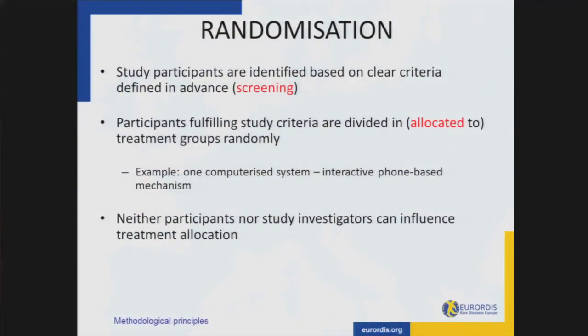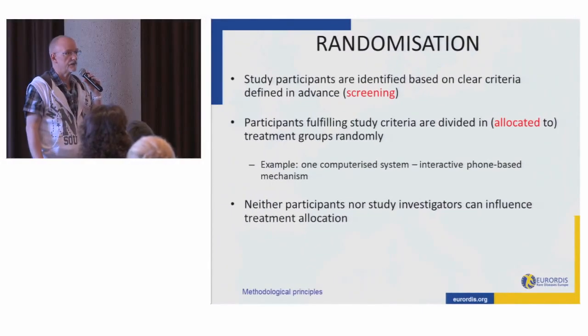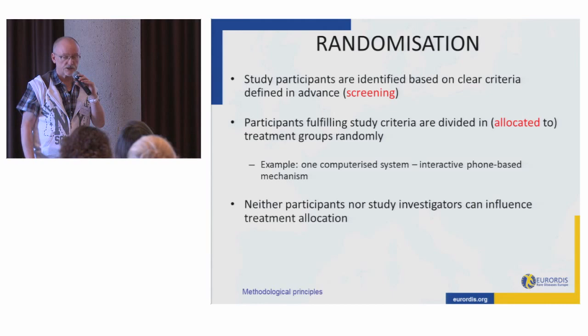Randomization, what does that mean? It means that the study participants are identified based on clear, predefined criteria. This is done in a study phase called the screening, or screening procedure. So you want to make sure that the participants entering the trial will have the desired characteristics.